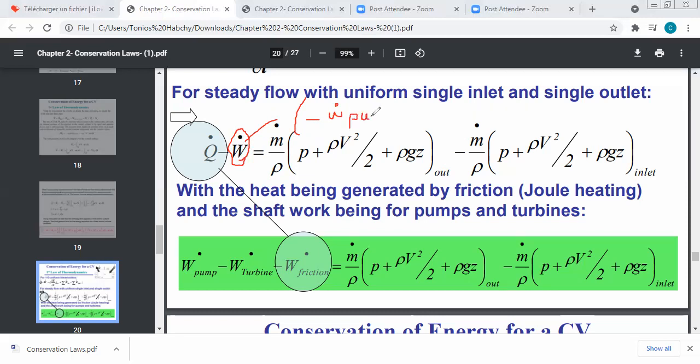Since the turbine is producing work, I should put plus W dot turbine. And since friction will cause a loss of energy, or if you want, the work of friction will be delivered to the environment, out of the system, I should also put plus W dot friction.